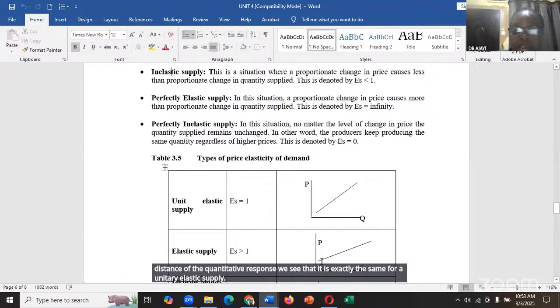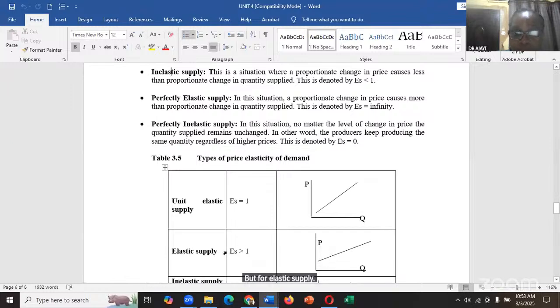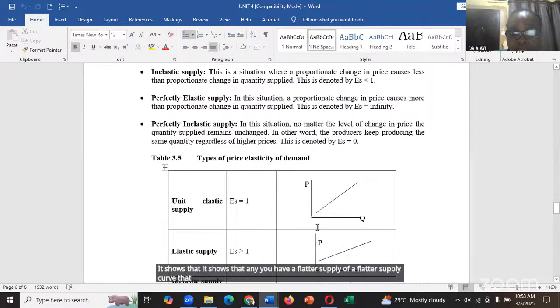But for elastic supply, if you look at this second graph here, it shows that you have a flatter supply curve, a flatter supply curve that will show you clearly that any vertical distance in the price change is not as much as the horizontal distance of the quantity change.